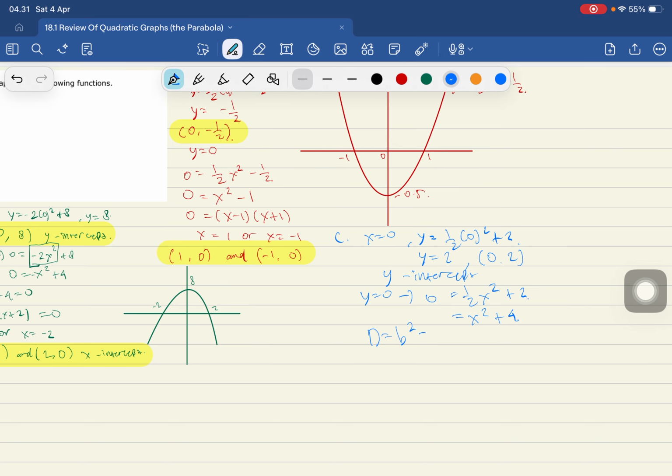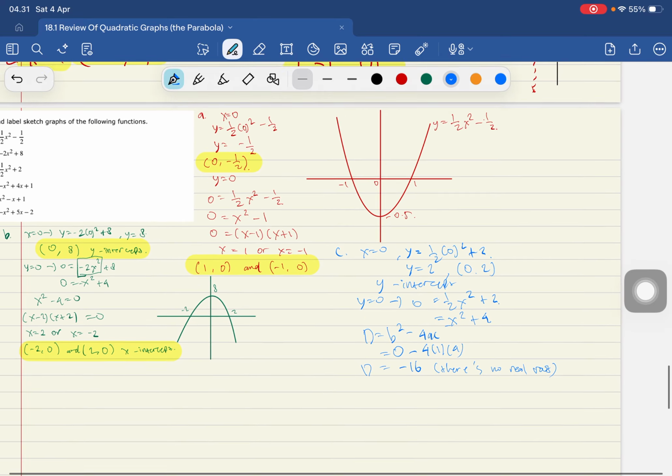It's b squared minus 4ac. There is no b, so 0 minus 4, a is 1 and c is 4. It's going to be negative 16. If the discriminant is less than 0, there is no real root, or no x-intercept.